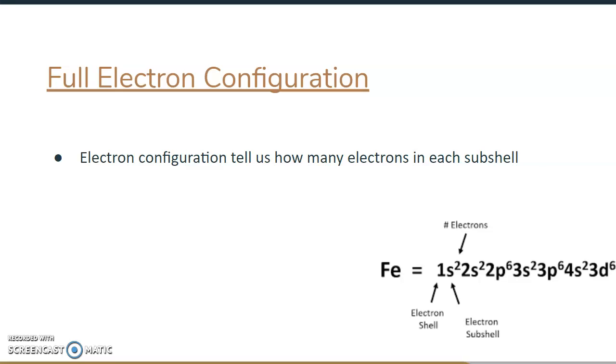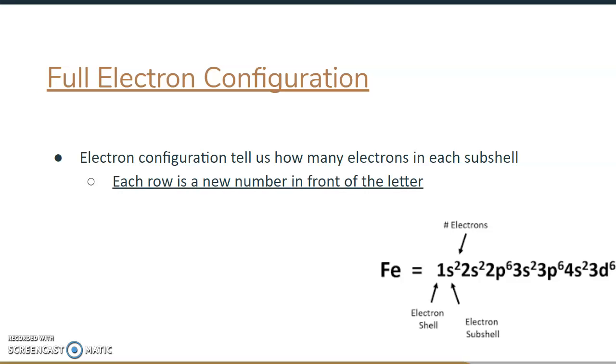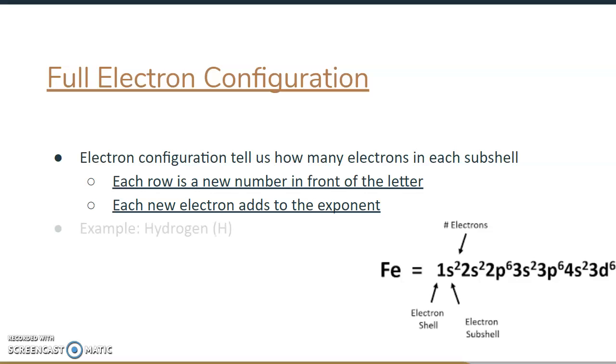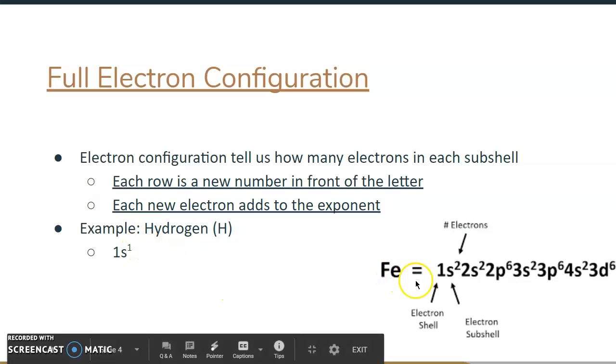Our electron configuration tells us how many electrons are in each subshell. Each new row is a new number in front of the letter, and each new electron adds to the exponent. So for example, our hydrogen would have a 1s1. Our iron, Fe, has a full electron configuration of 1s2, 2s2, 2p, and so forth.